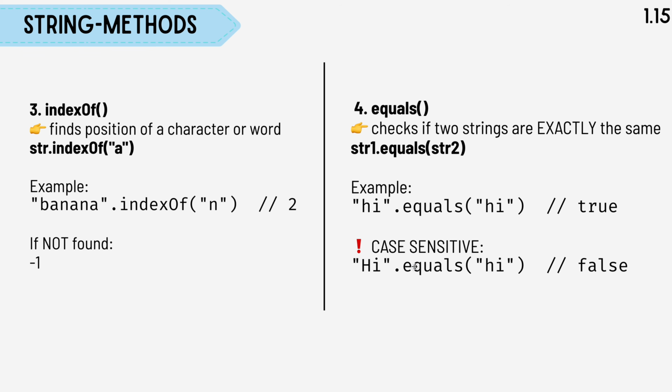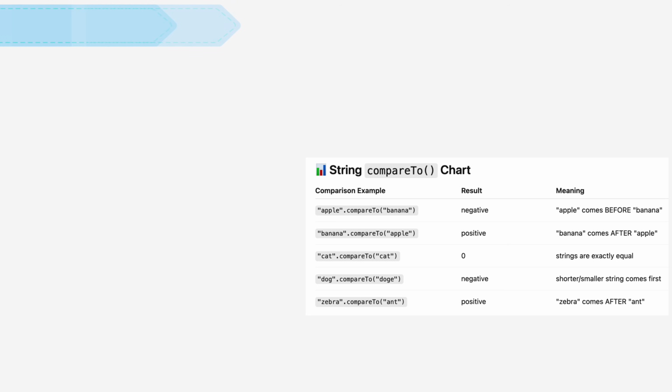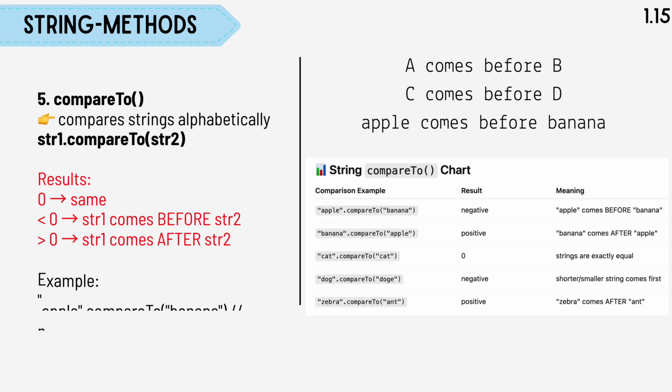Now mind you, I'm flying through these because you get all of these in a Java reference sheet that you can use, so don't worry about it too much. compareTo compares the strings alphabetically. Now this is a bit confusing, because just thinking about the alphabet in your mind, A comes before B and C comes before D. So anything that comes before is a negative value, and anything that comes after is a positive value.